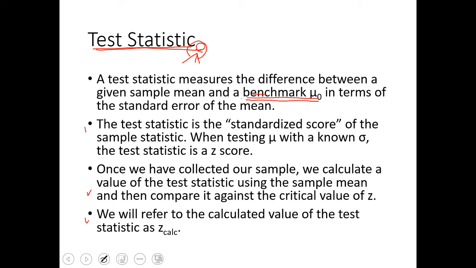Of course, we need a benchmark mean mu 0 when we calculate the test statistic. Because we know the population standard deviation or population variance, we can use the z statistic, and we can assume that this z statistic follows the normal distribution.